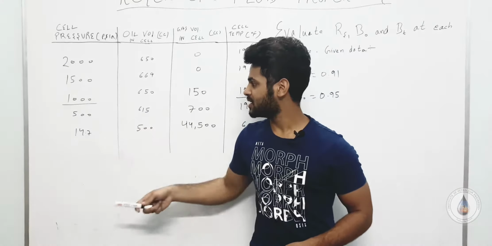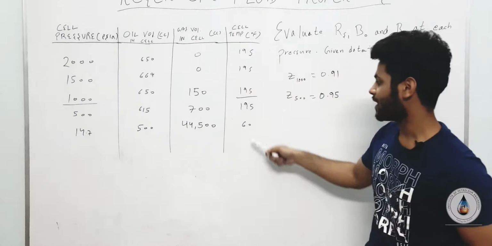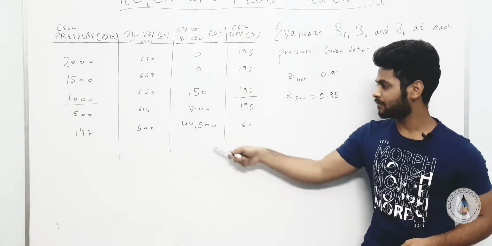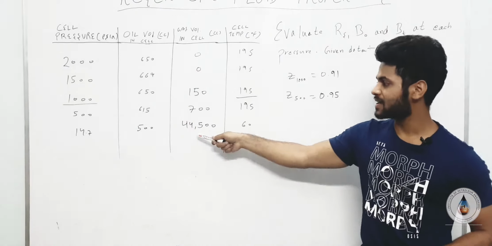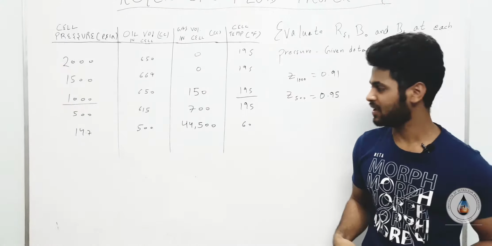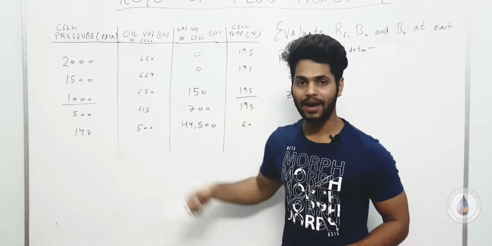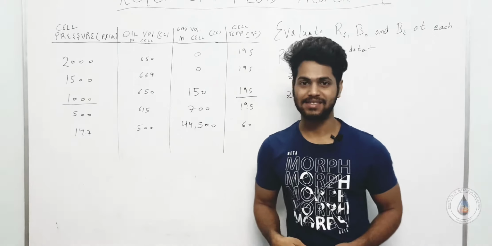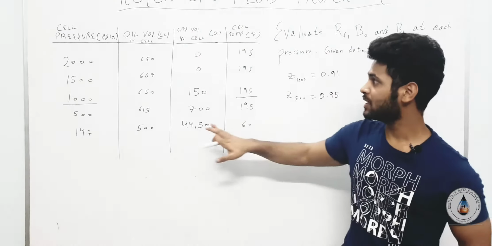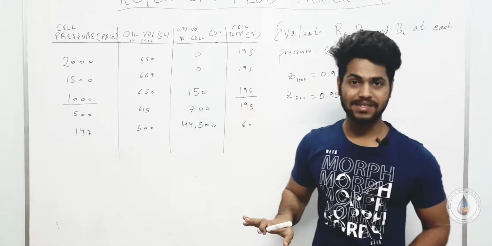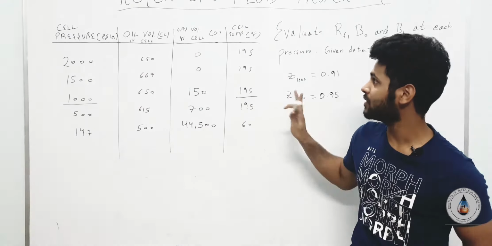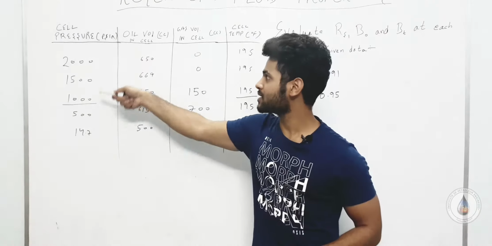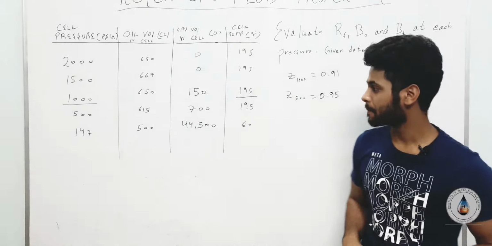At surface condition of 14.7 psi and 60 degree Fahrenheit, I have got a total volume of gas as 44,500 cc, while my oil volume that I have generated at the surface is 500 cc. Now the volumes have been given in cc, my temperatures in degree Fahrenheit, and my cell pressures in psia.